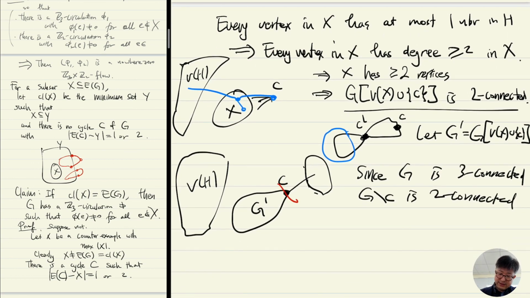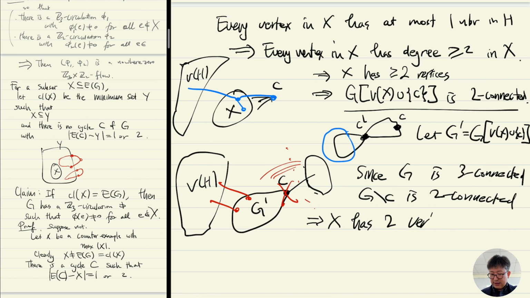So if I delete C, I still have a 2 connected graph, and G prime has no edges to the outside world to this side, so you must have 2 vertices having neighbors in V over H. If you have only 1 vertex having neighbors to V over H, then when you delete that vertex, the graph is disconnected, so that's not good, right?